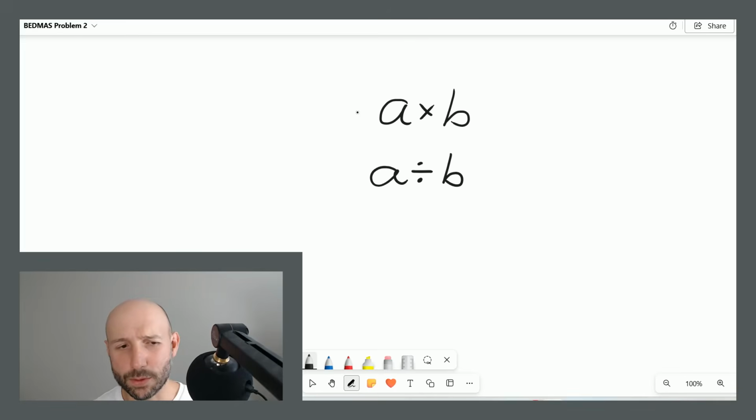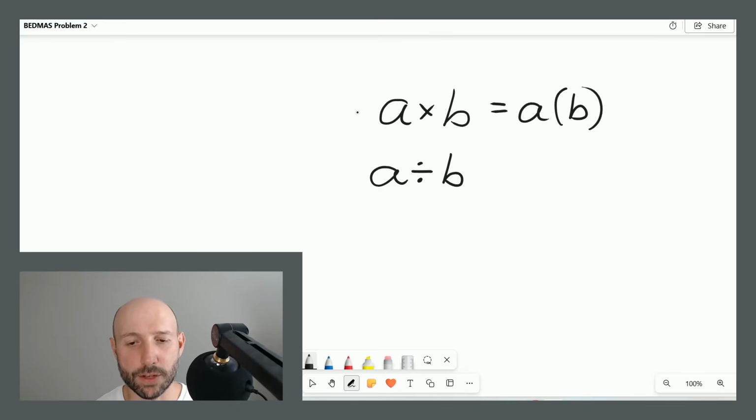But after high school, instead, multiplication is represented by putting a number in brackets beside another number. And division is represented by writing numbers as a fraction, where the numerator is divided by the denominator. These are much more clear ways of writing multiplication and division.